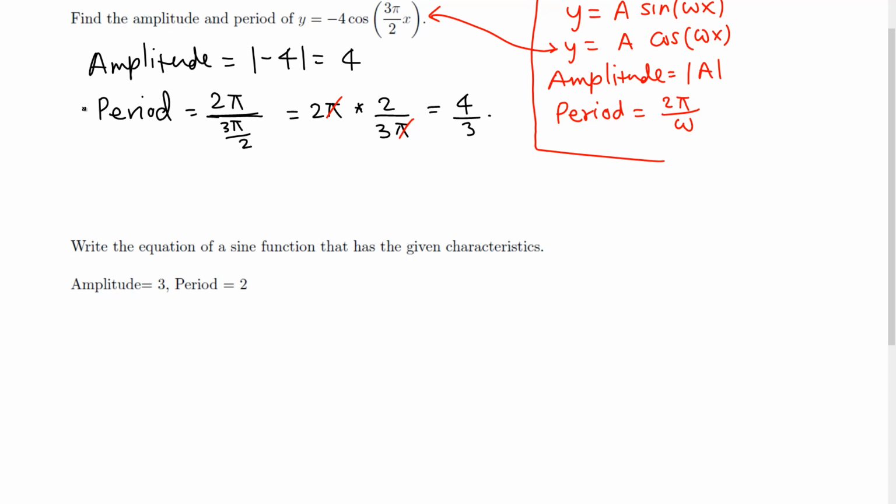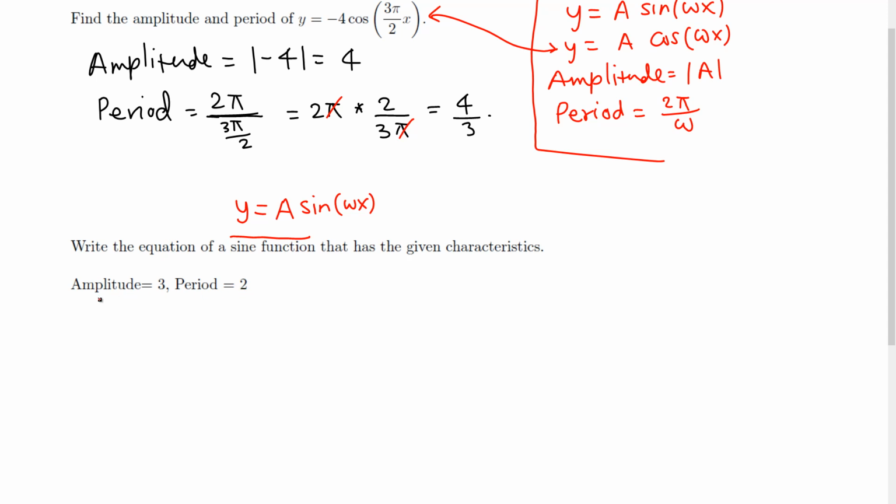So we need to write a sine function. That means y equals some number sine some number x that has the given characteristics. So amplitude is given 3 and period T is given 2.